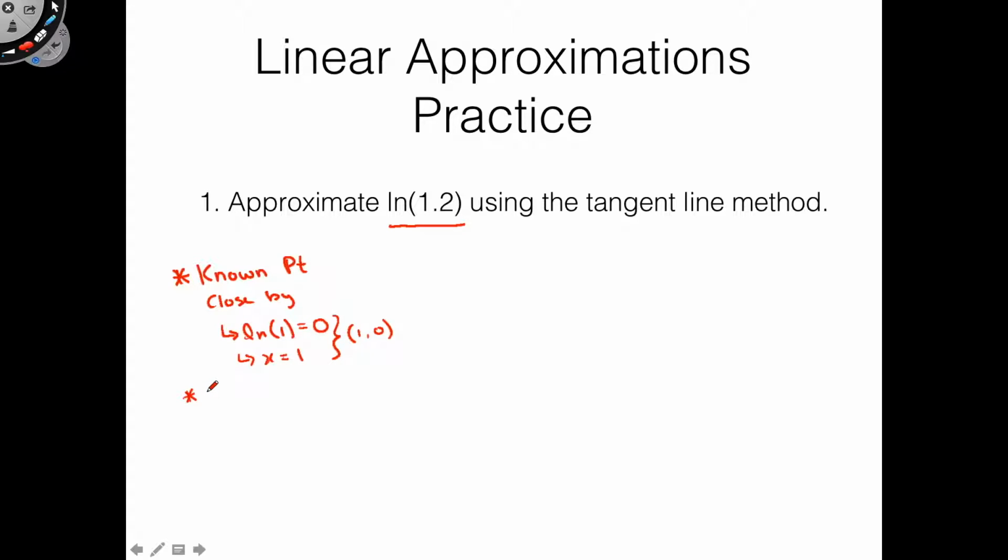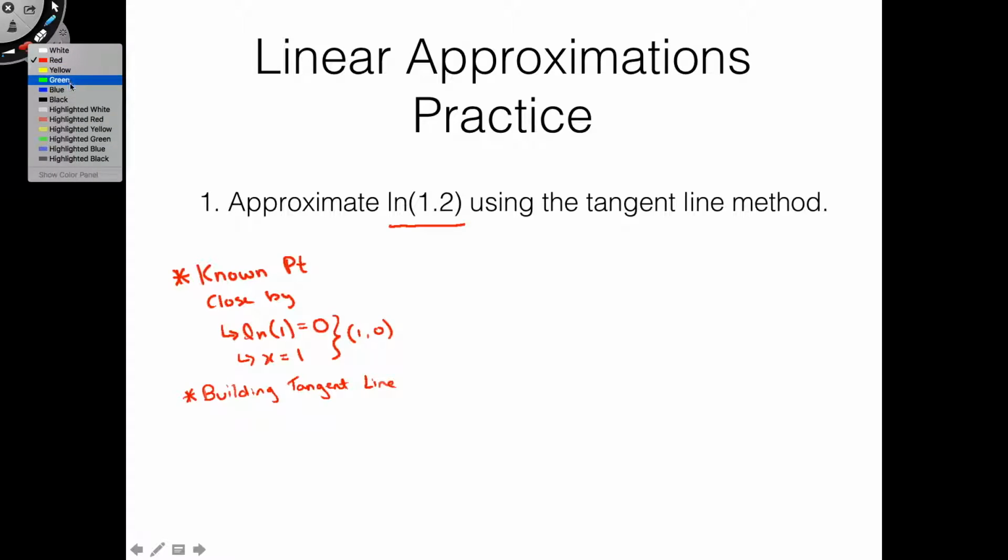Next, we need to start building our tangent line. What are the components we would need in a tangent line?